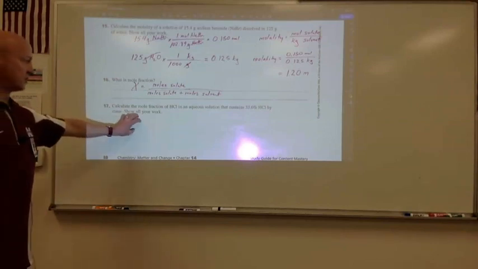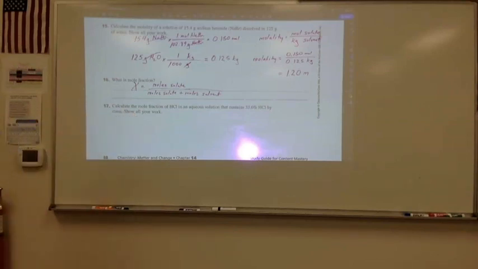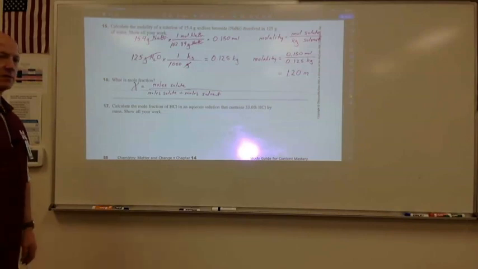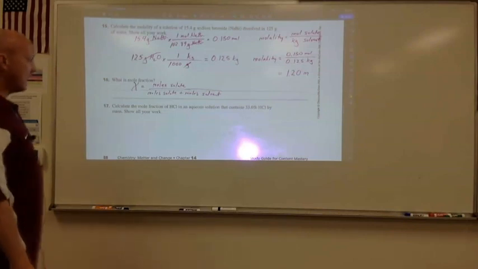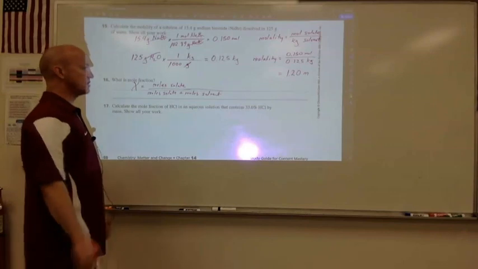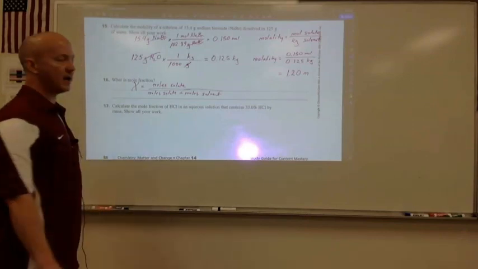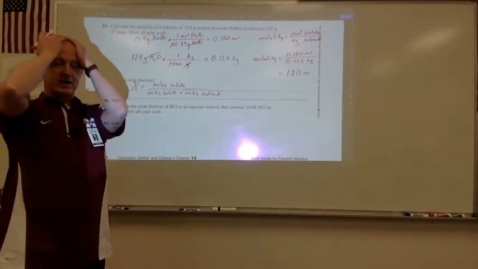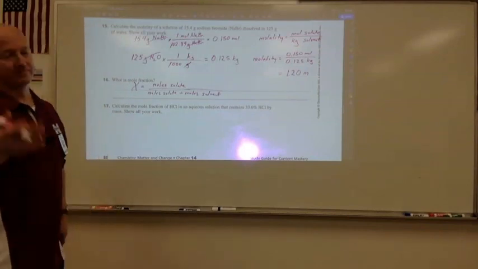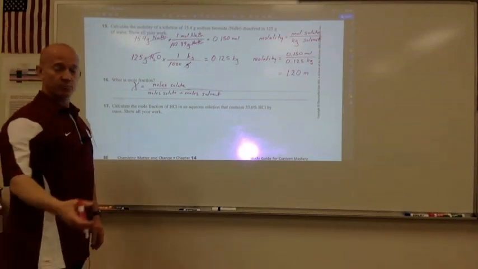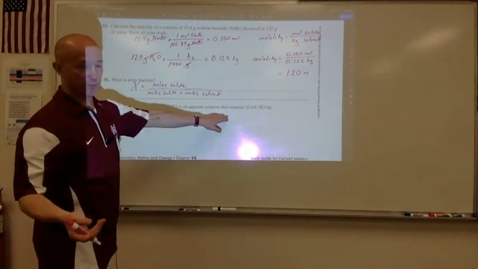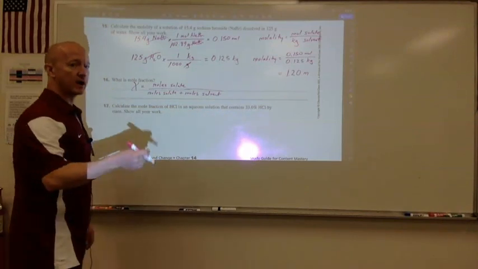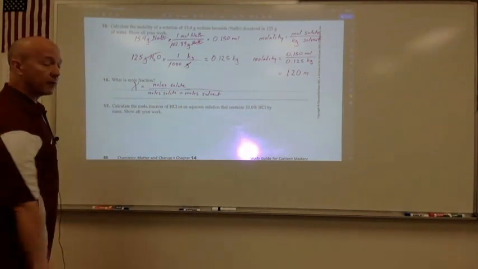Calculate the mole fraction of HCl in an aqueous solution, so it's dissolved in water, that contains 33.6% HCl by mass. Oh no, percent, what are we going to do? Come on, you know this. We convert to grams, don't we? We pretend like we have 100 grams of this stuff.